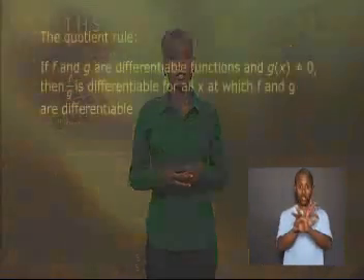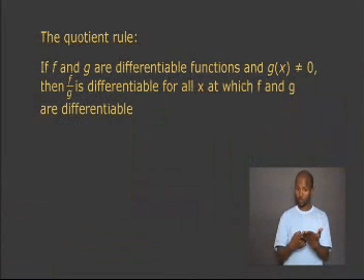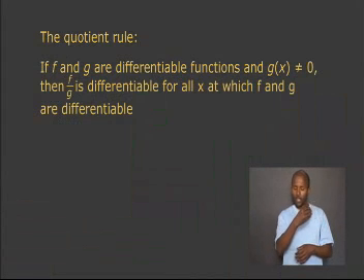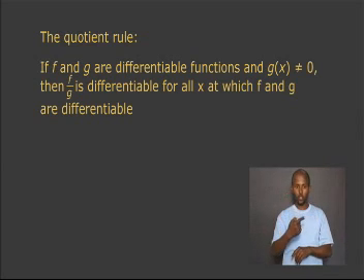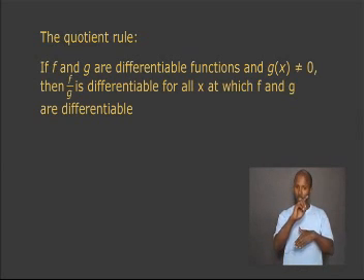Now, let us learn how to find the derivative of a quotient of functions. This is called the quotient rule. If f and g are differentiable functions and g of x does not equal 0, then f over g is differentiable for all x at which f and g are differentiable.